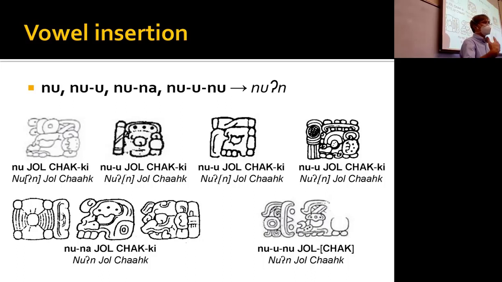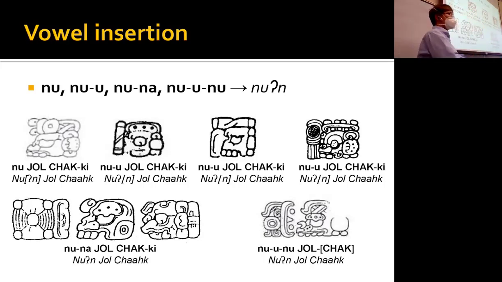And so in the name of the same known Tikal ruler, the scribes chose to write it as Nu Holchak, Nu U Holchak, that's indicating the glottal stop, but missing the last consonant N, right? And here you have another Nu U Holchak. Here it's the same thing, but then you also get spellings like Nu Na Holchak, the disharmonic spelling.